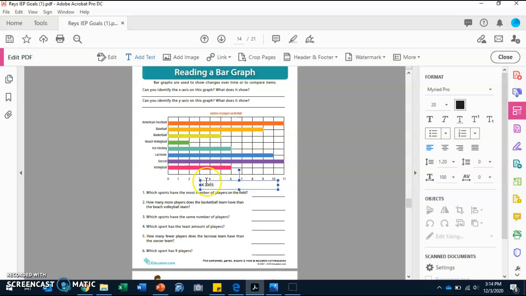So the x-axis is telling you how many players each sport has on the field. So here we're going to put the number of players on the field.